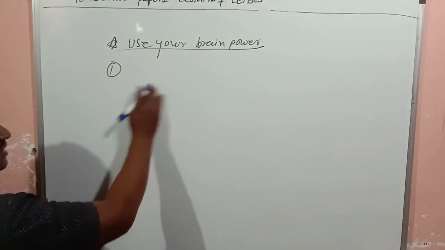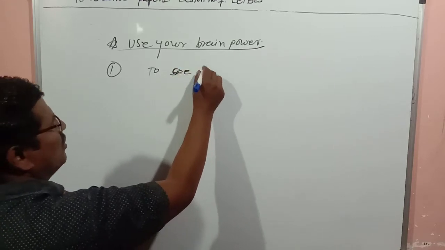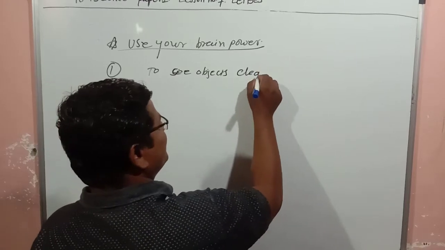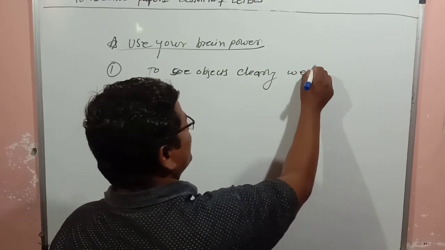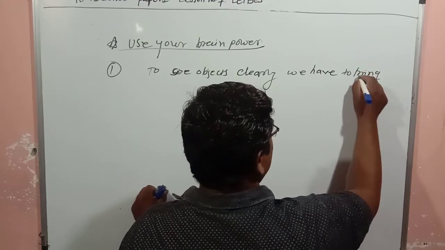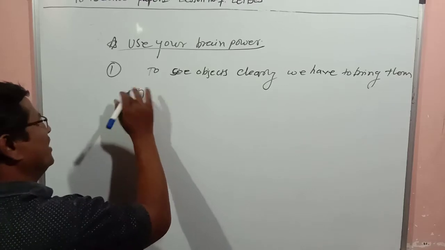So the first thing is that to see objects clearly, we have to bring them nearby our eyes.